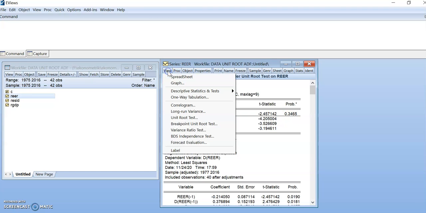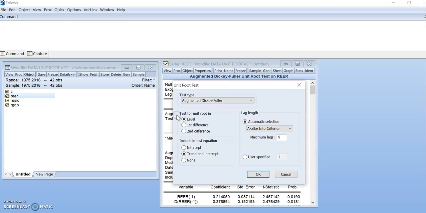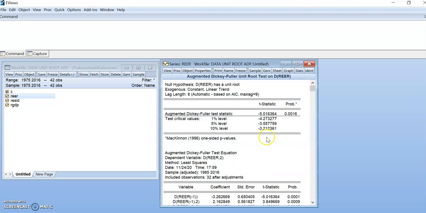Now we go again to unit root test, then you change to first difference, maintain trend and intercept, maintain AIC and lag at 9, you click OK. As you can see here, the probability value is less than 5%, which is a good indicator to say that the REER is stationary at first difference level.